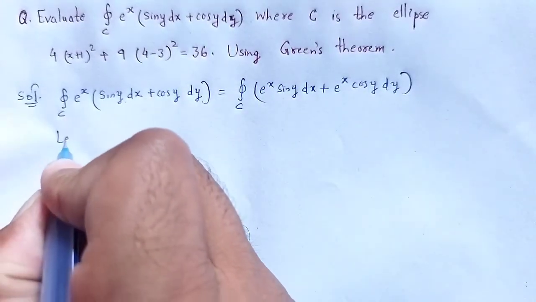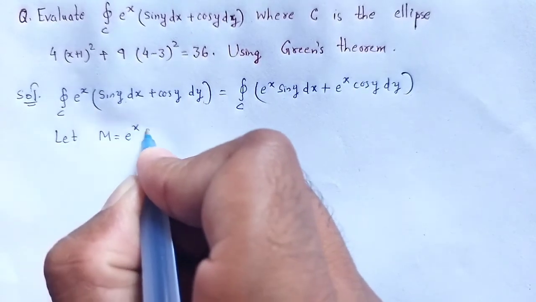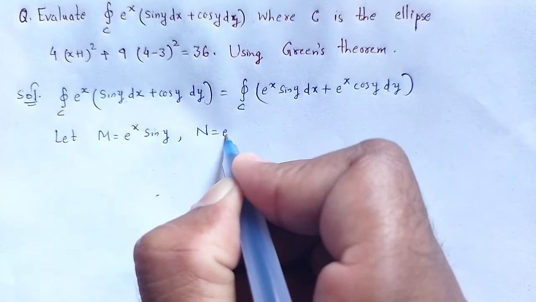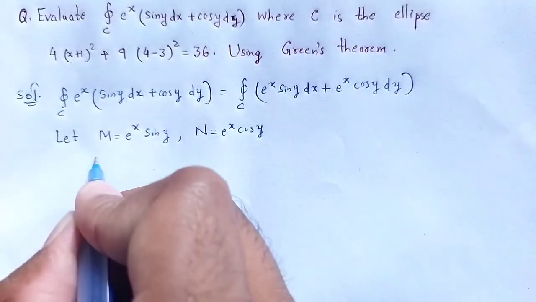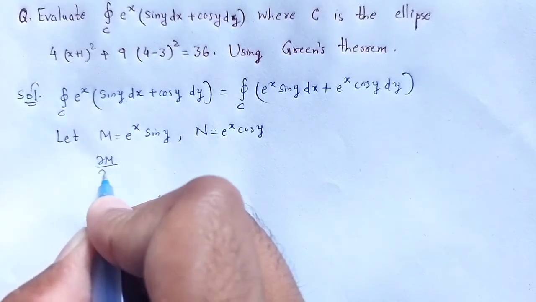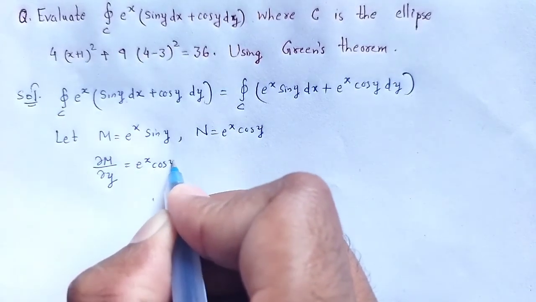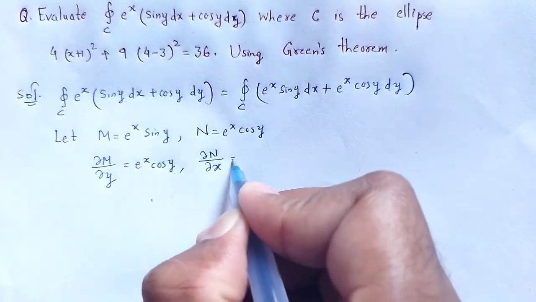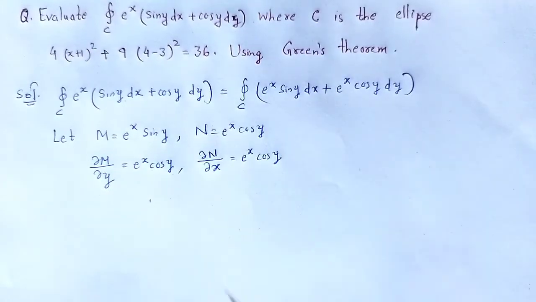Let m is equal to e to the power x sin y and n is equal to e to the power x cos y. Del m by del y is equal to e to the power x cos y. Del n by del x is equal to e to the power x cos y.